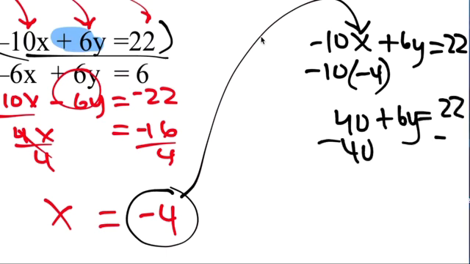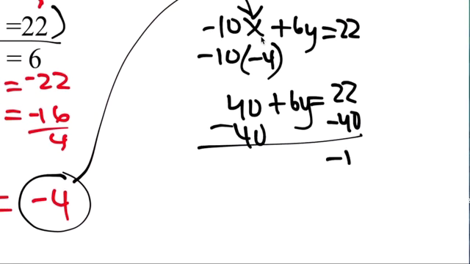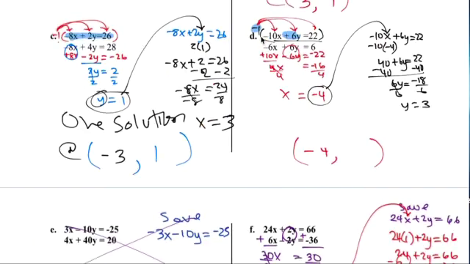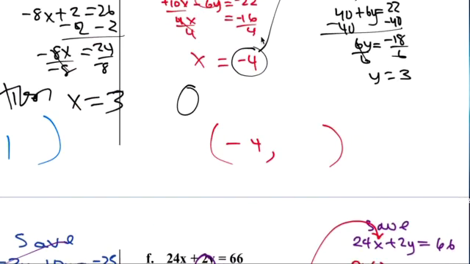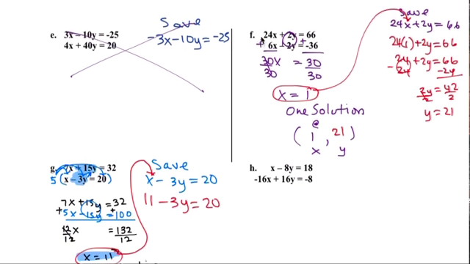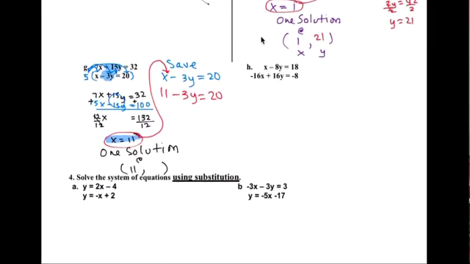Minus 40, you get a negative 18, and 6y equals that, divide by 6, get y equals 3. So this is one solution at negative 4, 3. Okay, you do that, don't do E, it's the same thing as before. Now the hard one is when you get these here, like H.